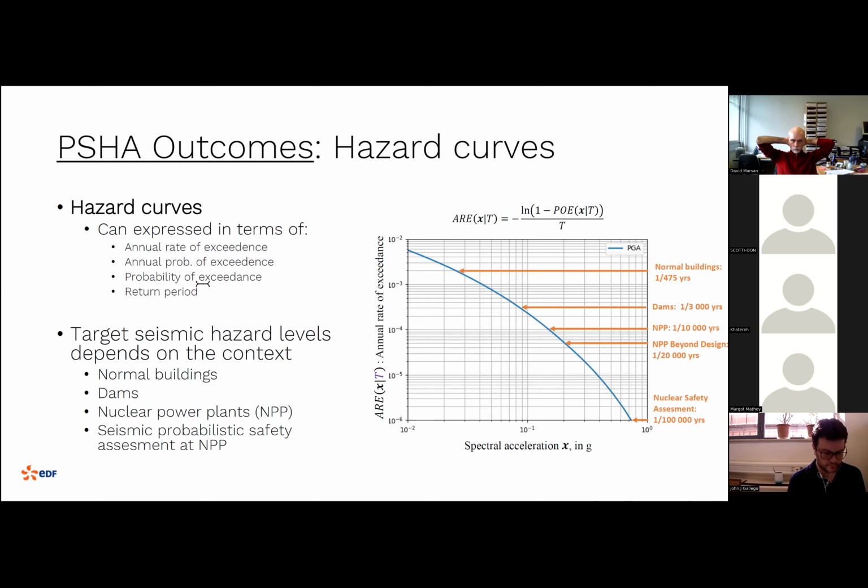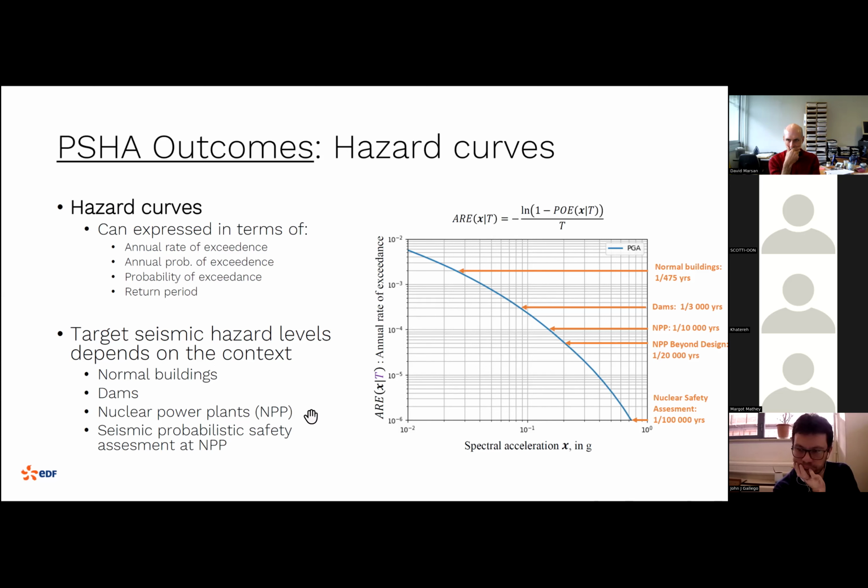These hazard curves can be expressed in terms of annual rate of exceedance, as shown in this example, which comes from this formula, but they can also be expressed in terms of probability of exceedance, return period, annual probability of exceedance. So this is why sometimes the hazard curves you see on the graph have different shapes and also have different magnitudes as well.